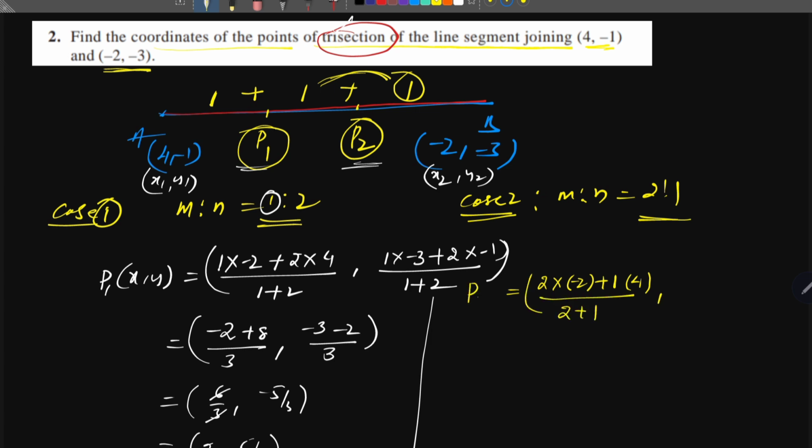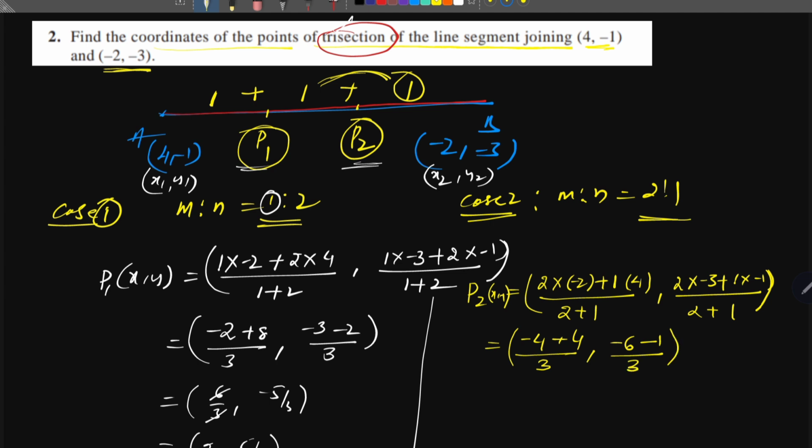Here this location is P2 (x, y), and now m value 2 into y2, which is minus 3, plus n value 1 into y1 is minus 1, divided by 2 plus 1. Okay. So 2 twos are 4, minus 4 plus 4 divided by 3, comma, minus 6 minus 1 divided by 3. So plus 4 minus 4 cancel, 0 divided by any number is 0, comma, minus 7 by 3.